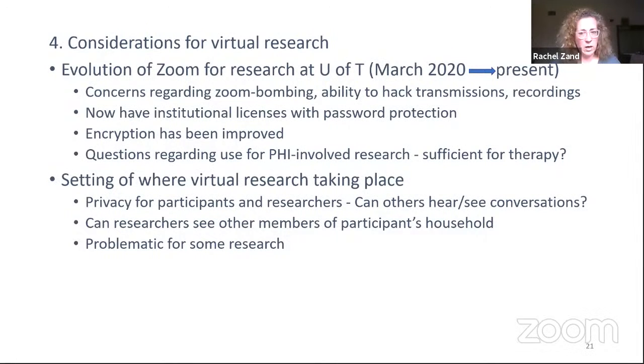We know that there are mental health issues and increases in domestic abuse. It's very difficult for researchers to conduct interviews with participants in those kinds of situations, not knowing whether the abusive spouse is at home with them, whether other people can hear the content of the conversations, etc. So there are continuing issues around virtual research that REBs had not anticipated at the beginning of this.